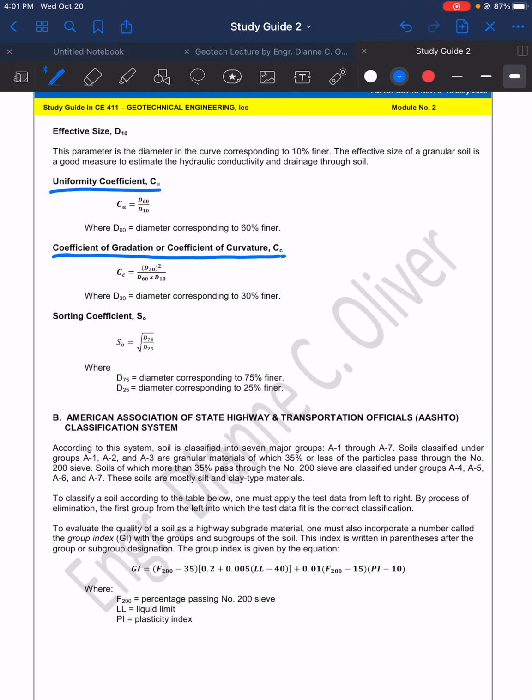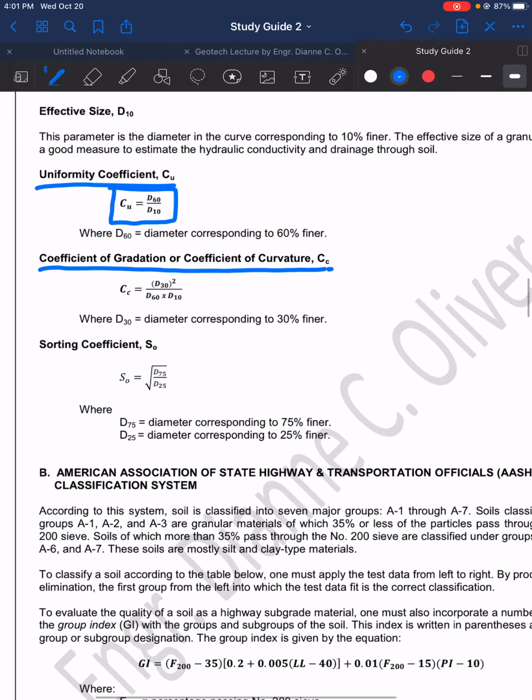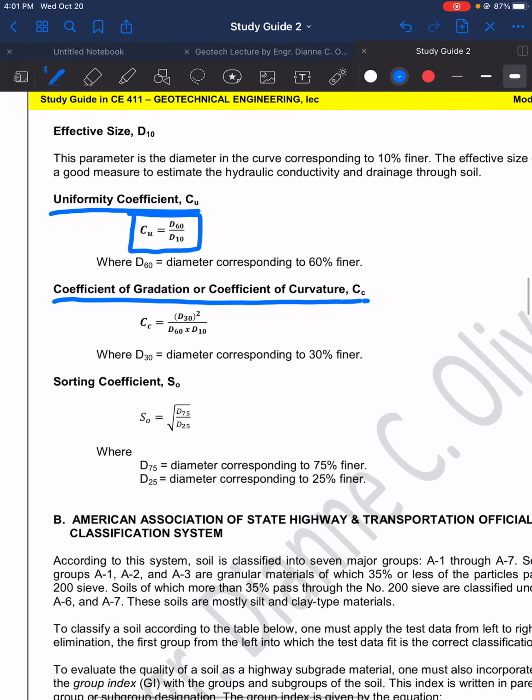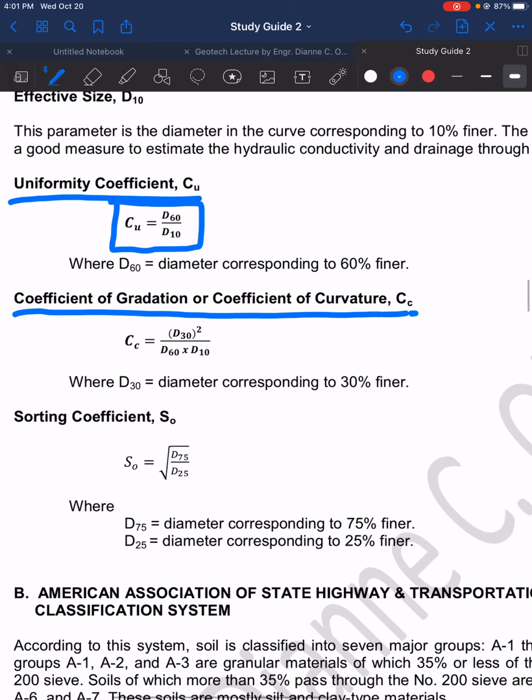The formula is C sub U equals D60 over D10. For C sub C, we have D30 squared over D60 times D10. Now, what are these D60, D10, and D30?